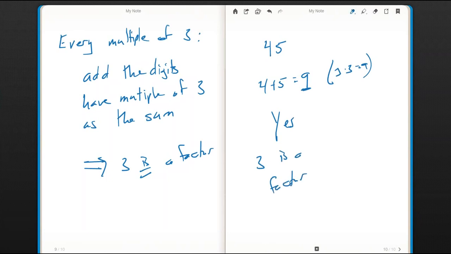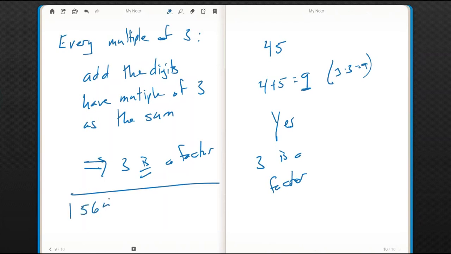And that always works. Take the number 1,564, I'm making it up as I go. If I add those numbers together, 1 plus 5 plus 6 plus 4, I get 16. There's my 10, and there's my 6. 16 is not a multiple of 3. 3 times 5 is 15. 3 times 6 is 18.